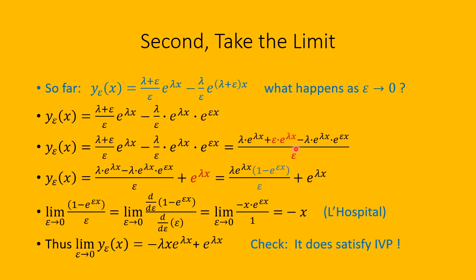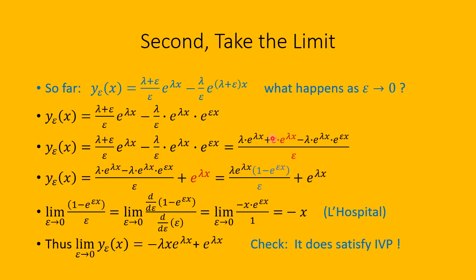Then over here, we have lambda times e to the lambda x over epsilon with a minus sign here. And so here it is, lambda times e to the lambda x times this e to the epsilon x. So basically a simple calculation putting everything over this denominator of epsilon.